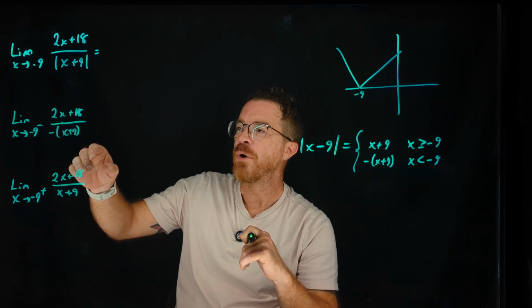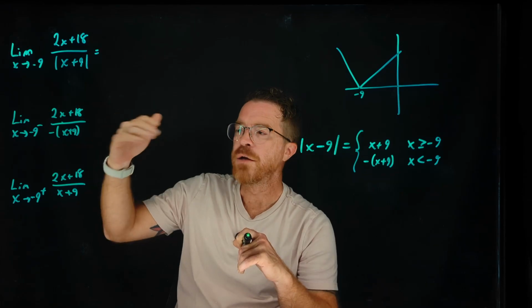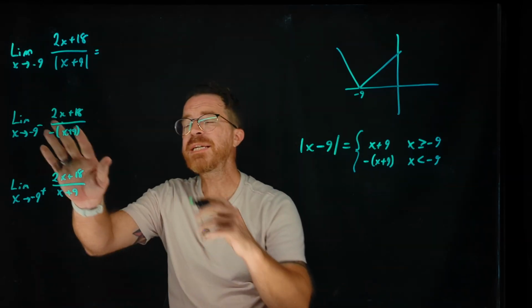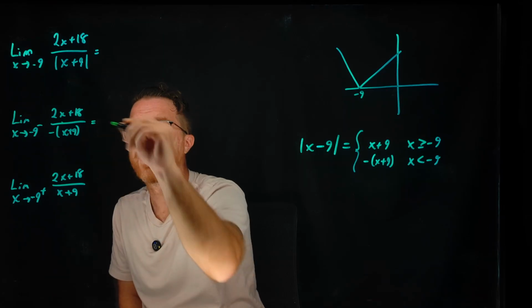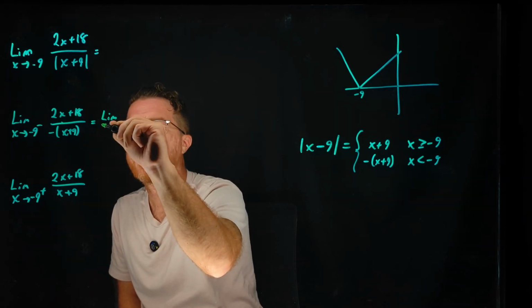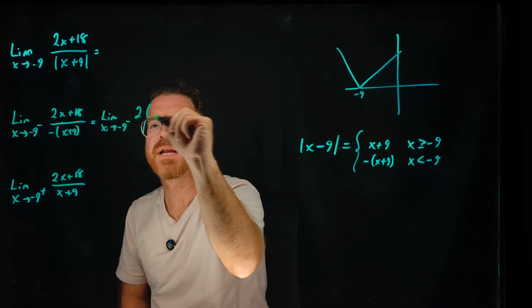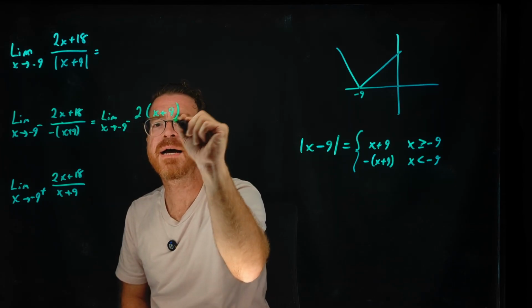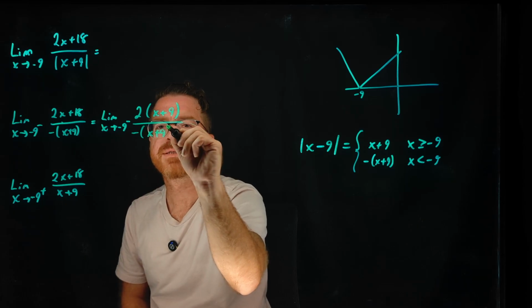So what do we do? Well, first things first, I'm going to pull a 2 out of this numerator. So I'm going to have the limit as x approaches negative 9 from the left, pull a 2 out, and I get 2 times x plus 9 divided by minus x plus 9.